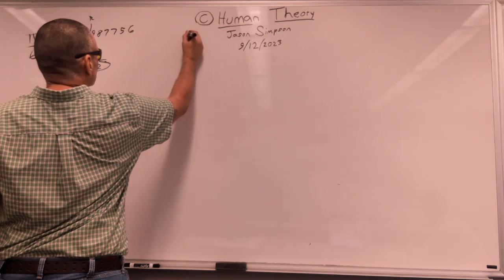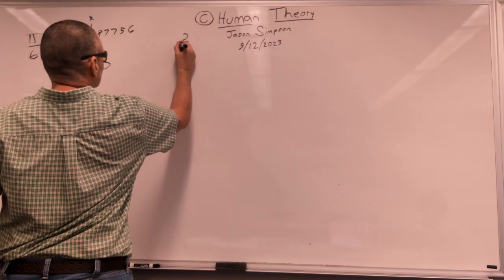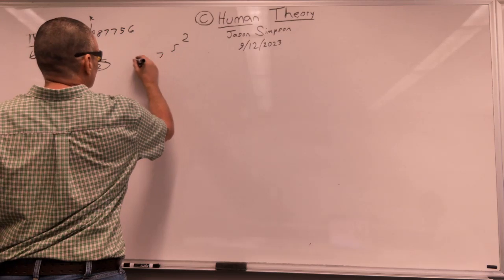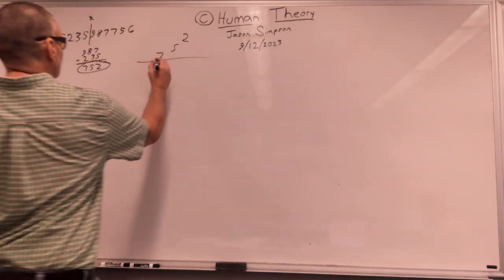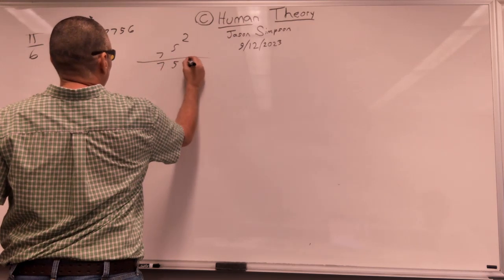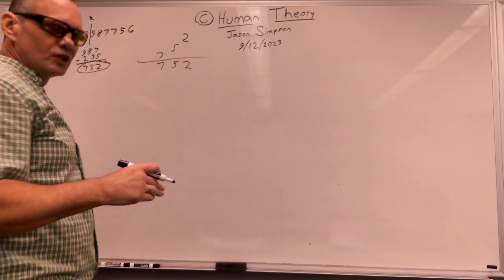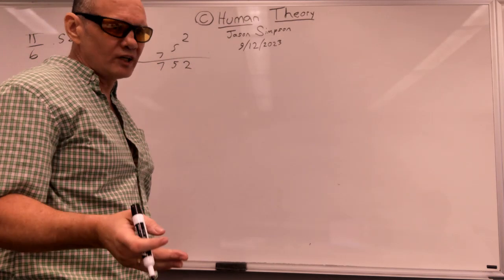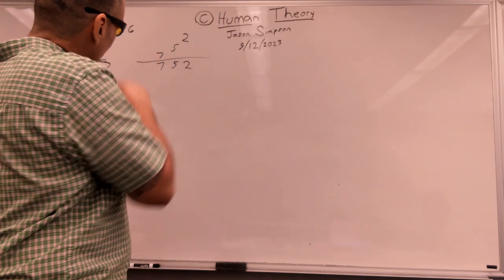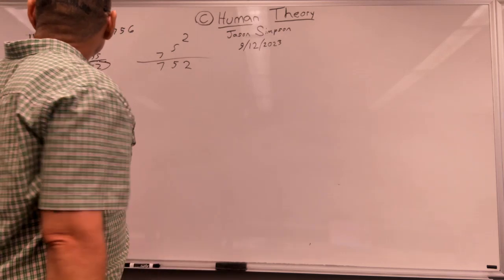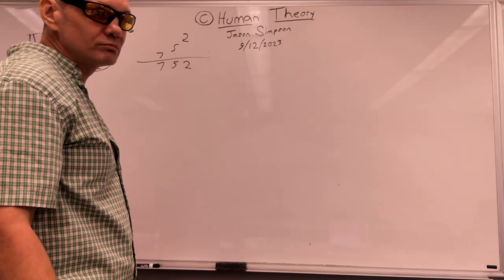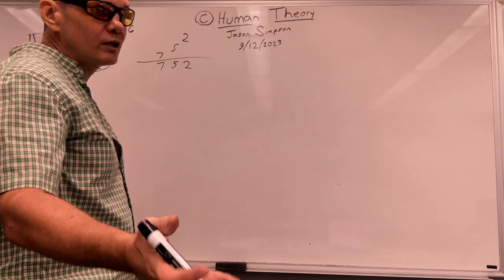Okay. Let's write it like this. What I'm going to show you is I'm going to take these numbers and build all 3 families of particles and show you how the gluon mixes with the quarks to make the world and ourselves and the human consciousness that we have now.